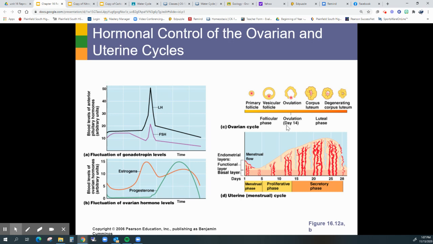Ovulation, like I said, happens somewhere around day 14, and that's right about the time that the endometrium starts to increase in size and get ready. Then here's your corpus luteum that's producing progesterone and estrogen, keeping that layer healthy and viable. And obviously, if nothing happens and there's not an egg that gets implanted that starts to produce its own hormones, we start to see that drop off, and then we go back to day 1 again.